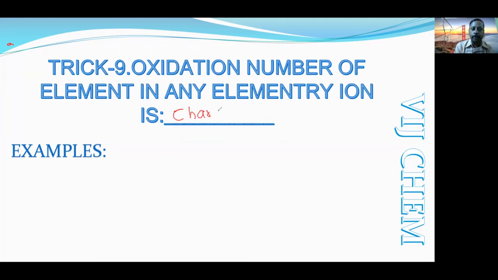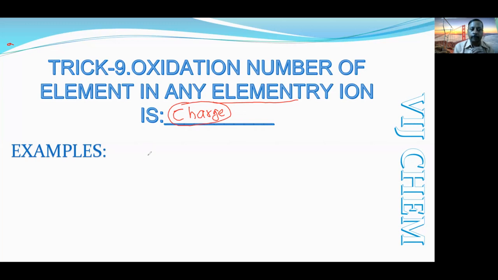Is equal to its what? Charge. Because elementary means only one ion is there. Suppose a father has only one son, then the father's property is equal to the son's property because only one son is there. In the same way, only one element is there, so in that condition charge itself is equal to its oxidation number.